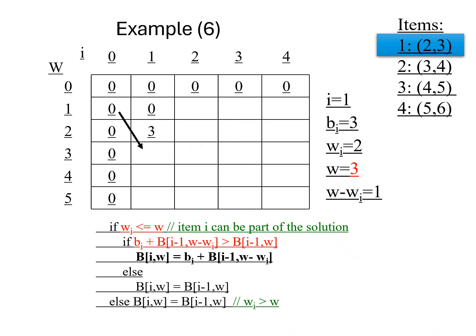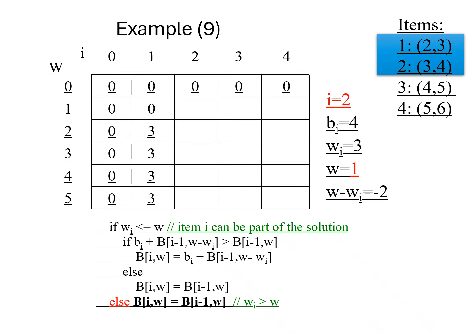So look at here, this one is 3 plus 3. In the same way, we go for this one. So the remaining capacity is always 0 because whether you have it or not, the profit of the optimal solution is 0.